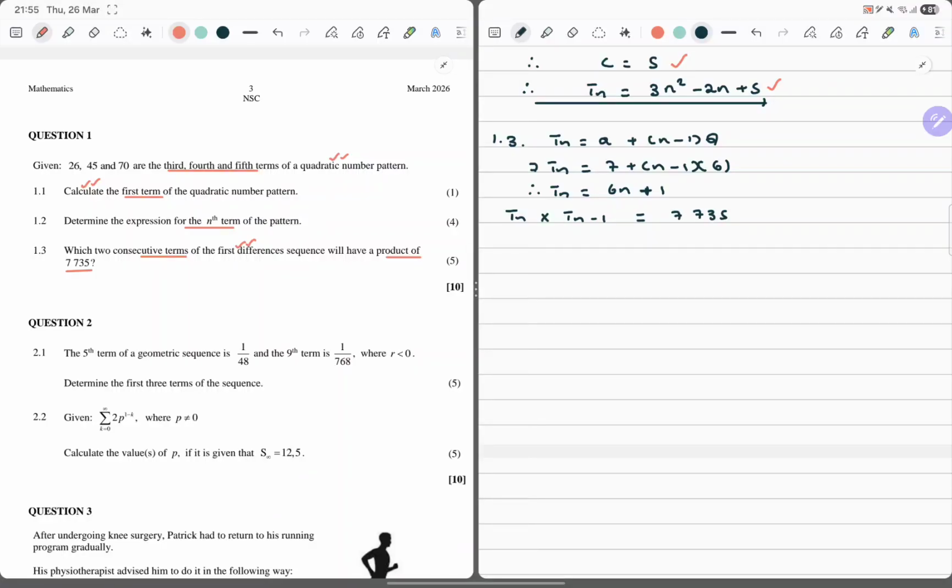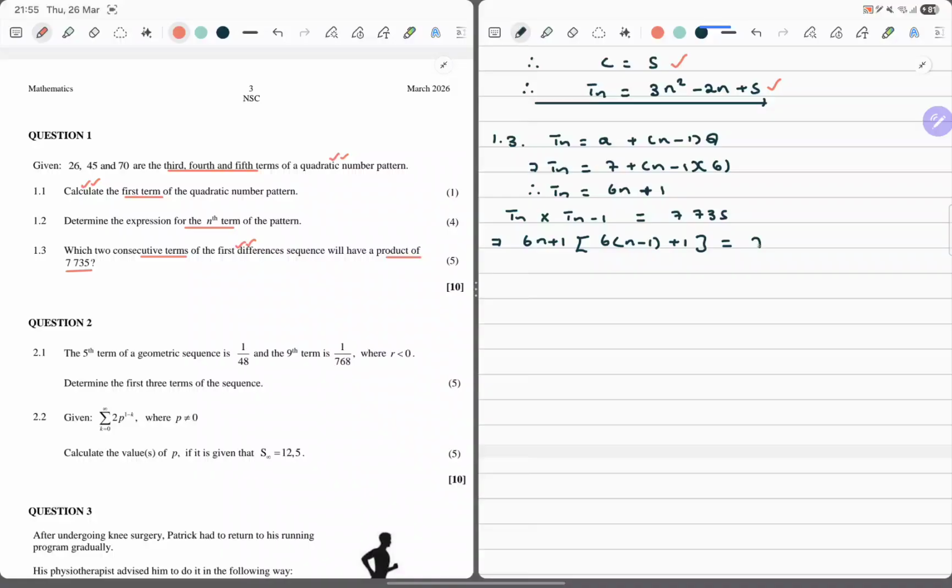735. Now tn is 6n plus 1, into this one, which is basically perhaps the big bracket: 6 into n minus 1 plus 1.